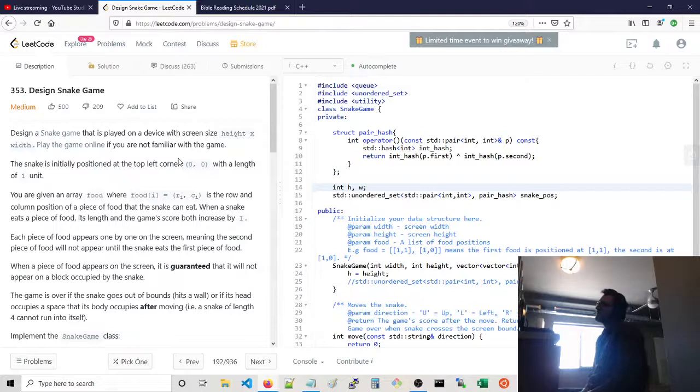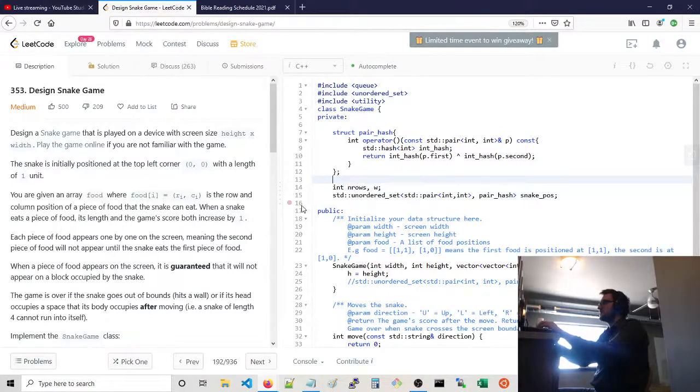Actually, if I use the height and the width of the board, or we're going to do n rows and columns for the height and width rather.